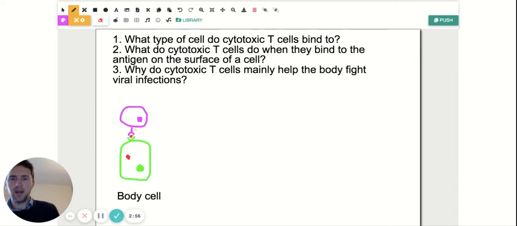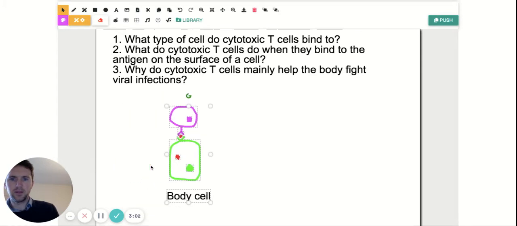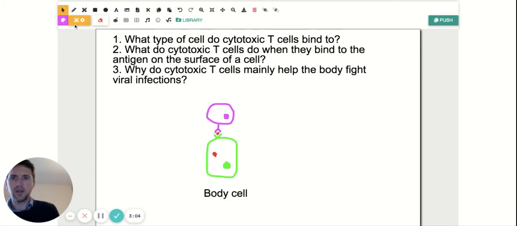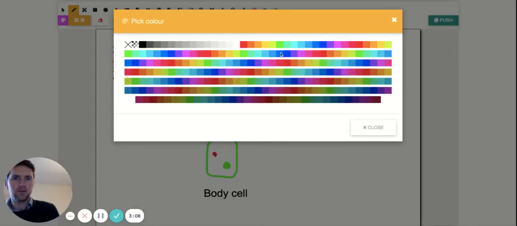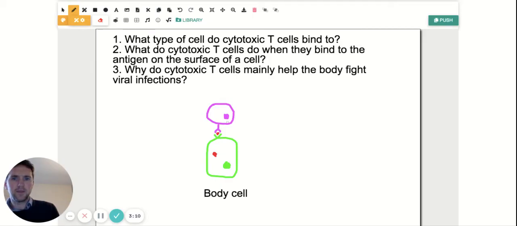Well, your answer should be, let's just move this to the side here. We'll stick with this diagram. And let's go for a different color. Cytotoxic T cells have this specific type of protein.